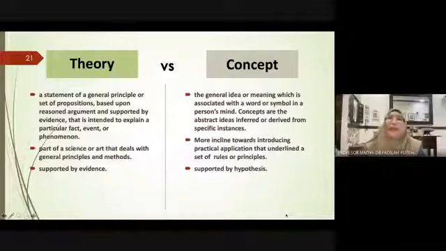You only have this idea in your mind, and you need to test this and get findings to support whether the concept that you propose is correct. It is more inclined towards introducing practical application that underlines a set of rules or principles, and it is supported by hypothesis.